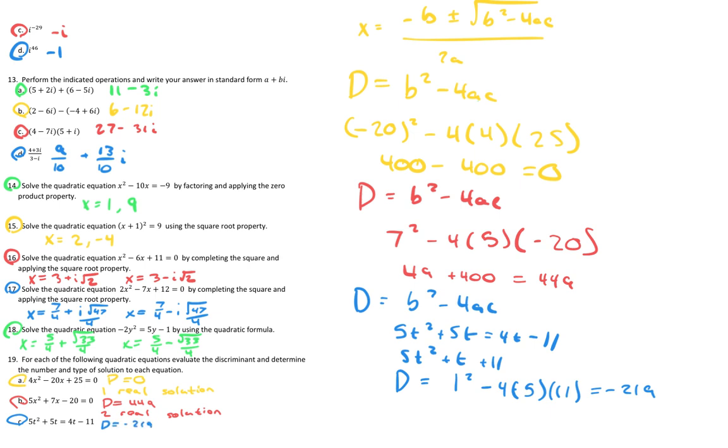So because we got a negative, that means that this portion in here is going to be imaginary. So that's why we would say that we have 2 imaginary, or non-real, I guess, is what we can put. 2 non-real solutions.